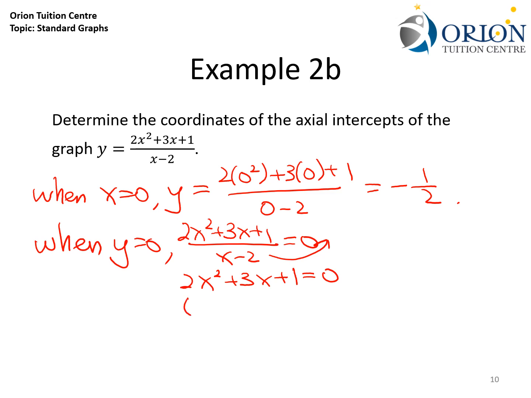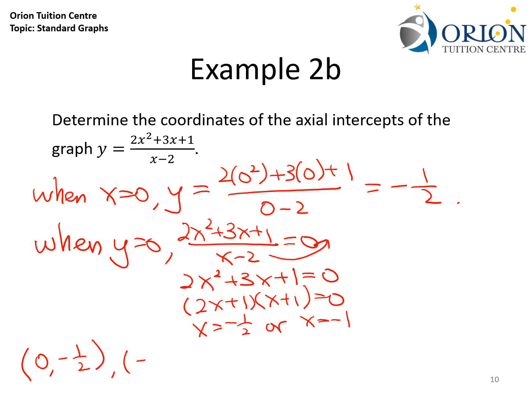Factorizing this remaining quadratic expression, we will get 2x plus 1, x plus 1 equals to 0. And this tells us that x is equal to minus half or x is equal to minus 1. And therefore, we have three axial intercepts now: 0, minus half; 0, and minus 1, 0.